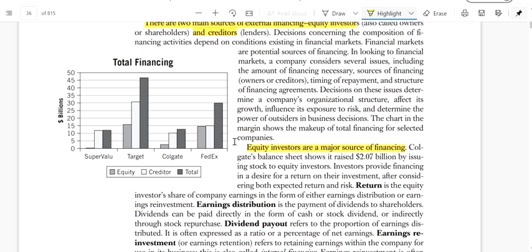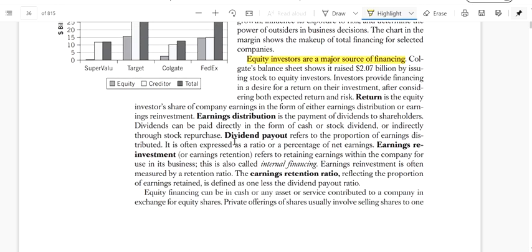Okay, investor provide financing in a desire for a return on their investment. Okay, so bila equity investor ni shareholder lah, dia invest, dia dah pun tengok kita punya expected return and risk. Sebab in return, bila diorang invest, maksudnya bila diorang bagi duit kepada sesebuah company, mesti dia pun expect something.